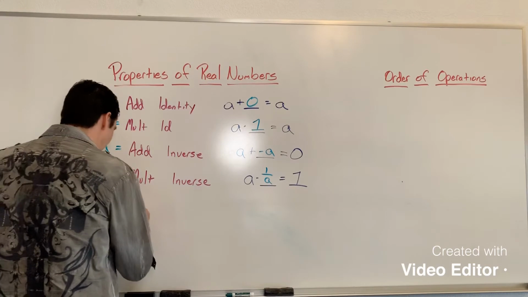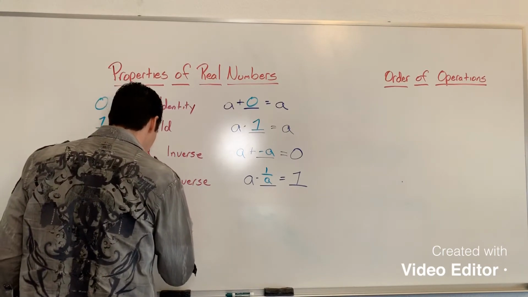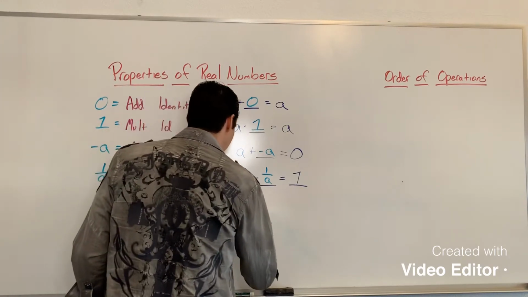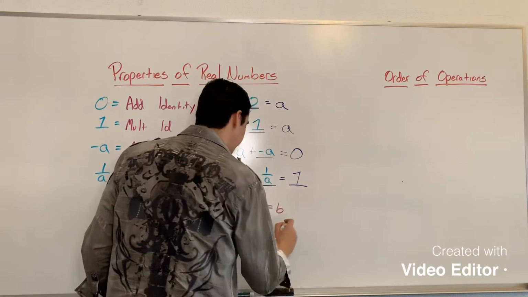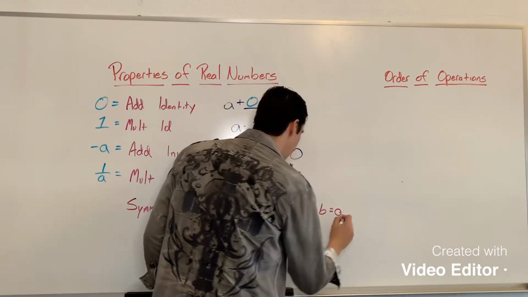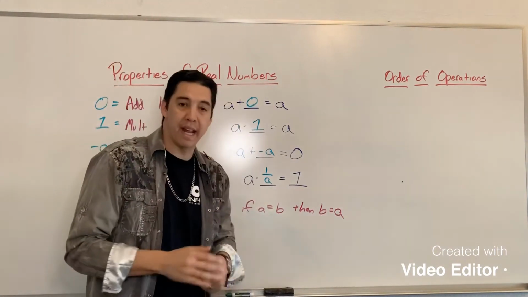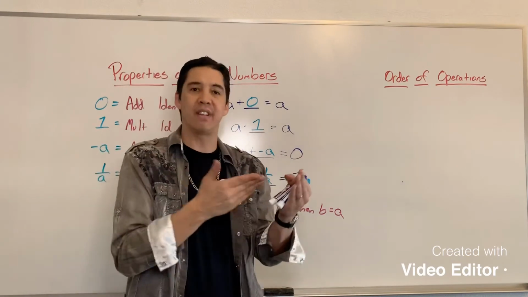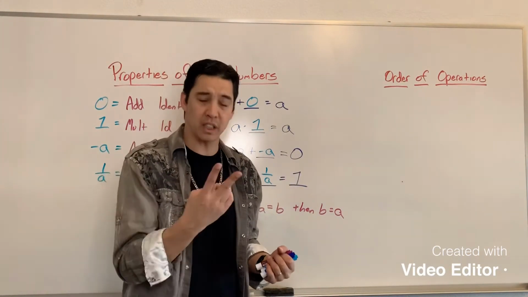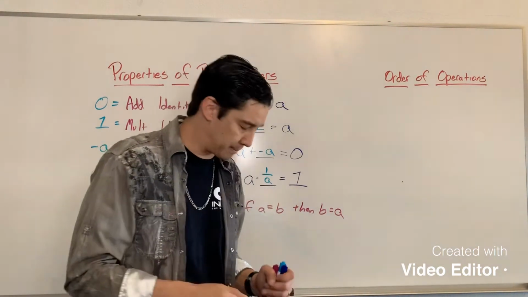The symmetric property simply states if A equals B, then B equals A. Lots of times you're doing a whole algebraic equation and you come up with 7 equals x, but you just say x equals 7. You switch the sides. And you are allowed to do that thanks to the symmetric property.